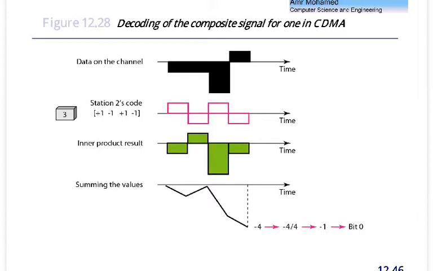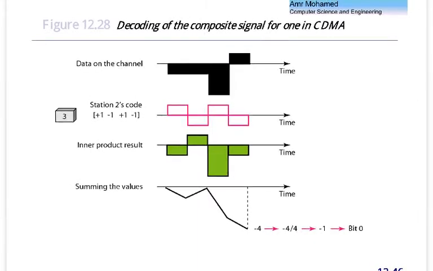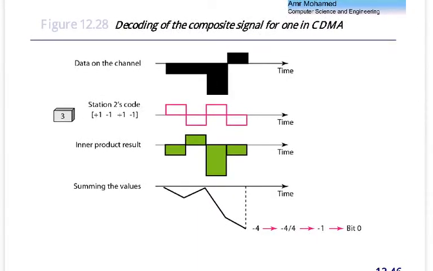So the original data that was sent is actually minus 1, which is 0. We can do the same thing using the code from station 1 or station 4, and you will find that it's fulfilled and you always receive the data correctly.